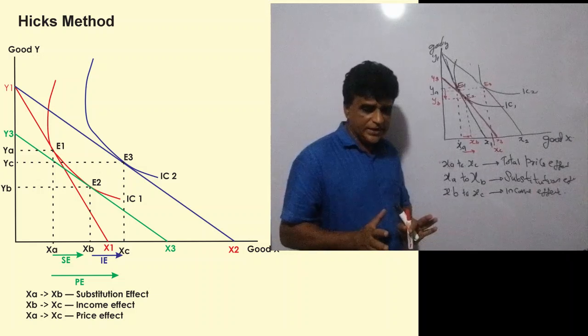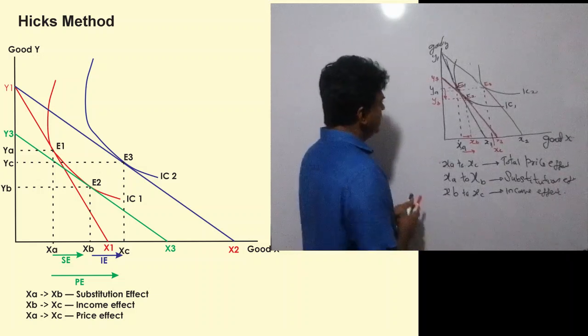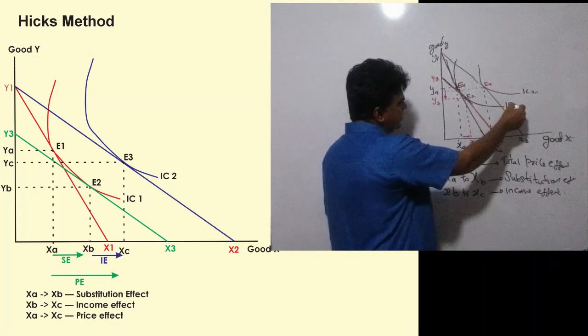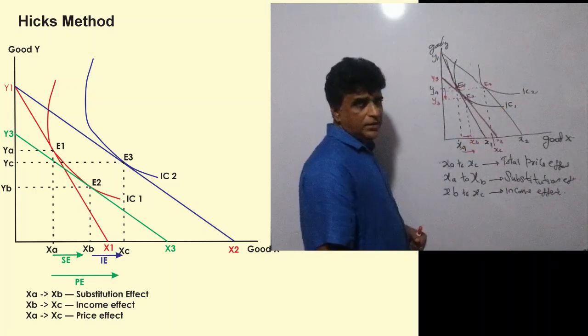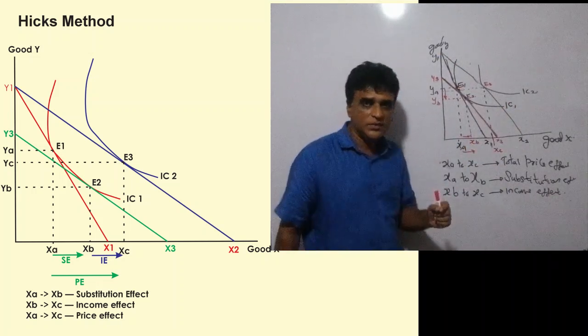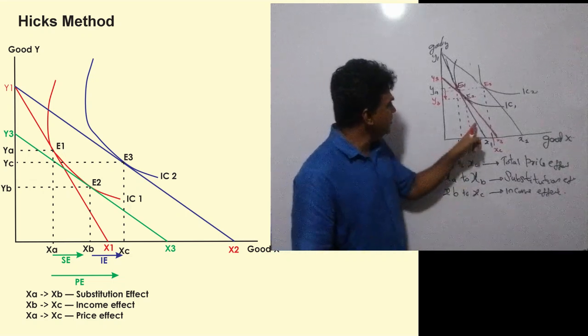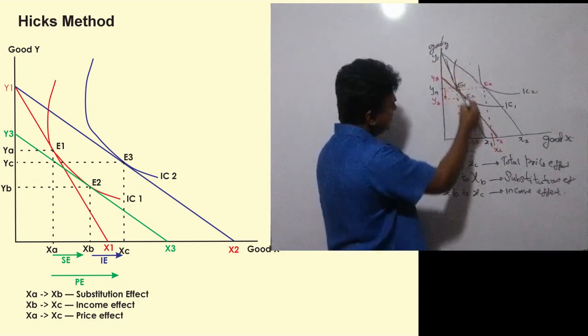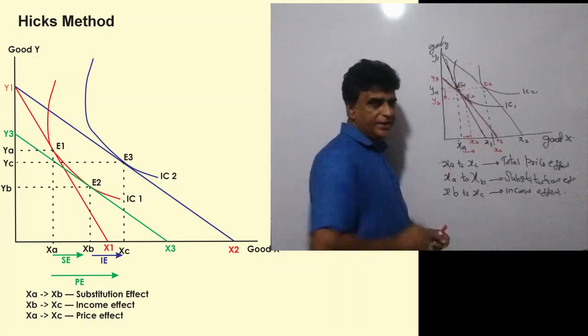I will explain it again. Now IC1 is the initial indifference curve, and Y1, X1 is the initial budgetary line.